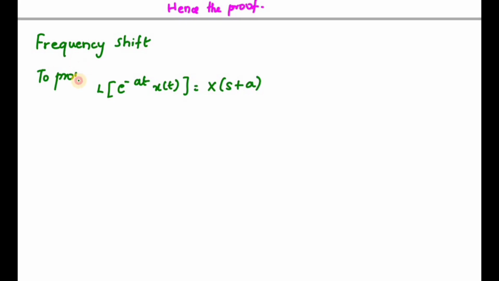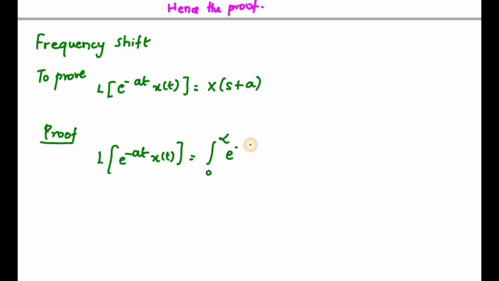To prove this: Laplace of e power minus at x of t, I can write as the integral from 0 to infinity of e power minus at x of t e power minus st dt.